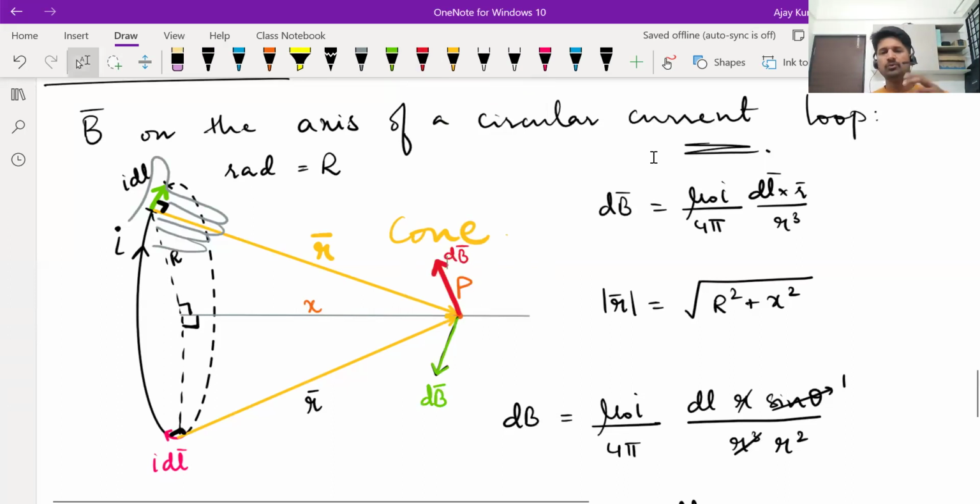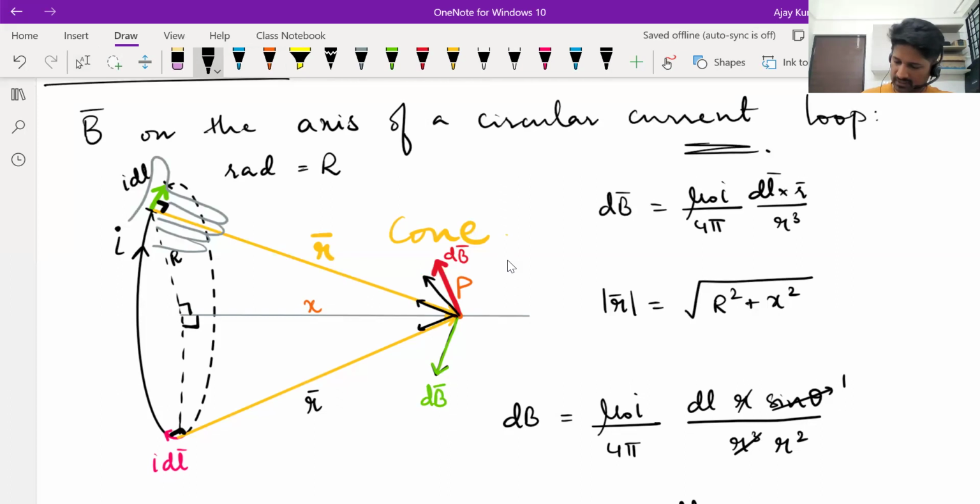Fine. So if you visualize the magnetic fields produced by all the different elements, you will see them forming a cone like this. Again, these vectors also you have to imagine in 3D. Some of them point out of your screen, some of them point into your screen.